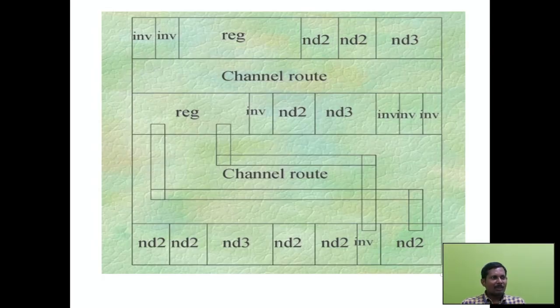So here is a simple example. The channel routing is a common path to take care of all the wire connections. Then individual logic gates and registers are placed accordingly.